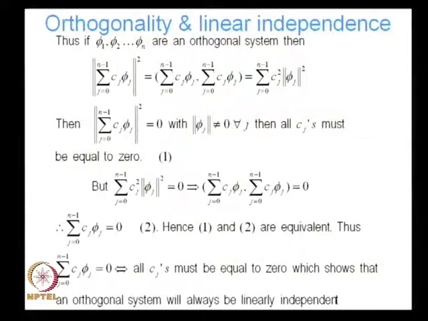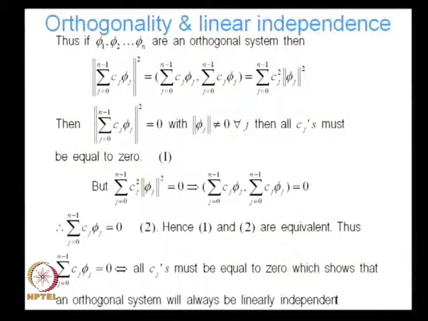So thus if phi 1, phi 2 through phi n are an orthogonal system, then the norm of the sum over j equal to 0 to n minus 1 of Cj phi j, squared, I can always write in terms of an inner product, and if I perform this inner product, I am going to get the sum over j of Cj squared norm of phi j squared. Why? Because again using linearity, the inner product will involve Cj Ck inner product of phi j and phi k.